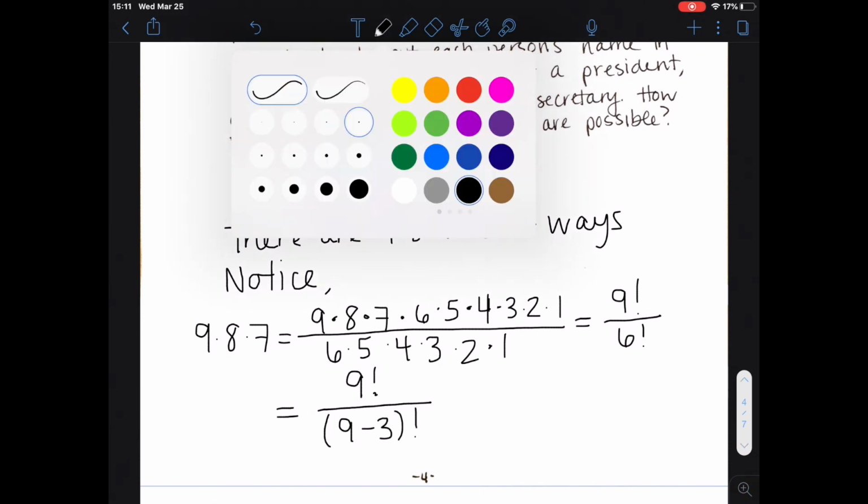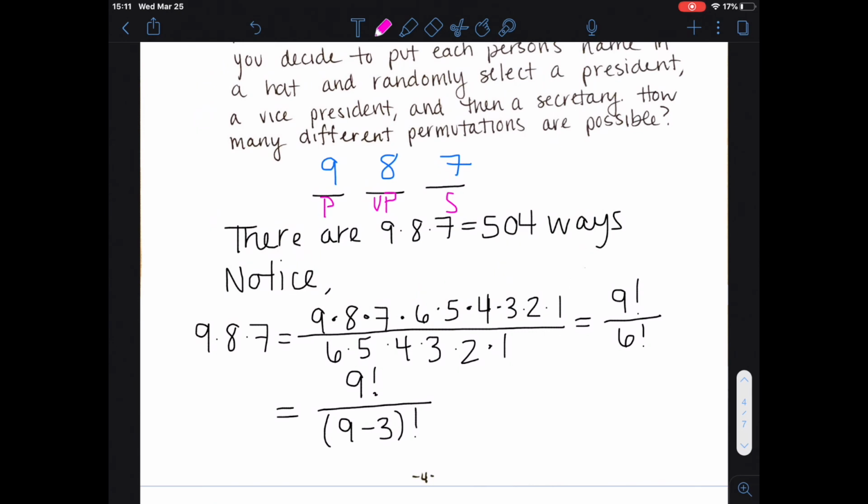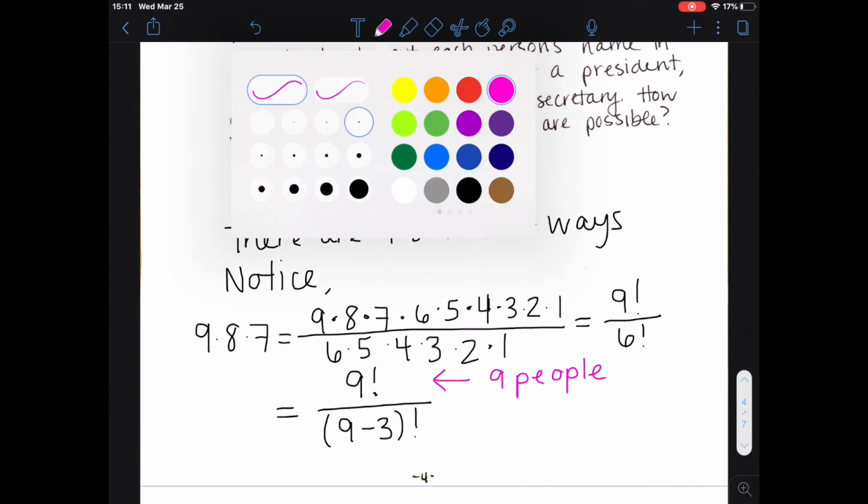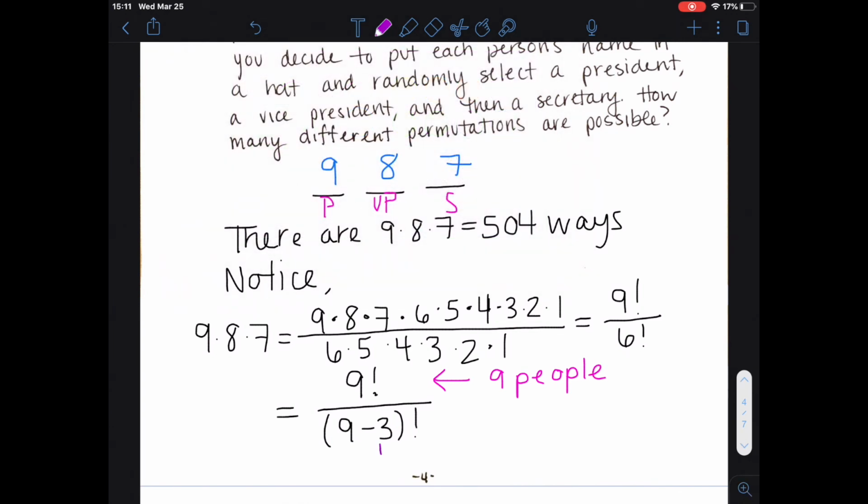So the way we can think of this in the numerator, there's 9 people. And then we have the number of people minus the choosing 3. So we're choosing 3.